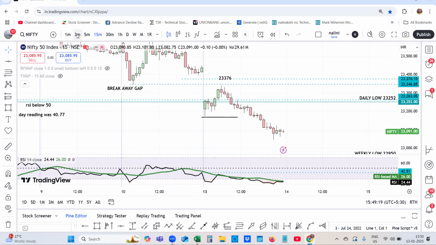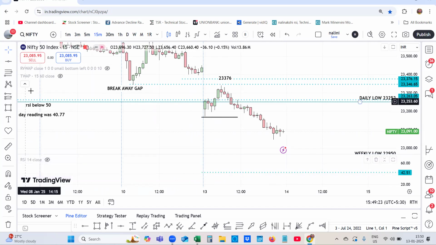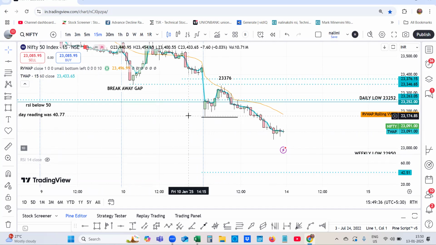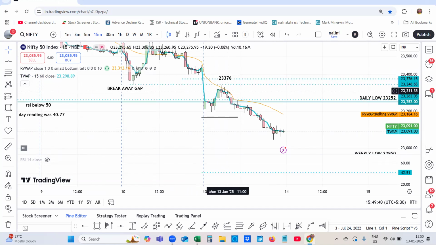For that, let me disable this RSI and show it to you: rolling VWAP, and also let me enable the time weighted average price, TWAP. You can see rolling VWAP was coming down, and it actually hit that level.